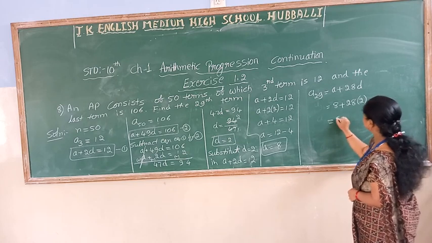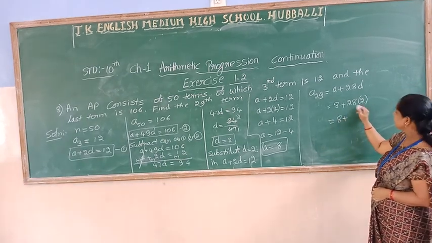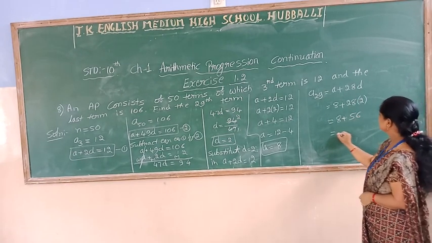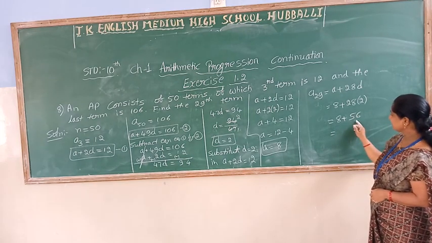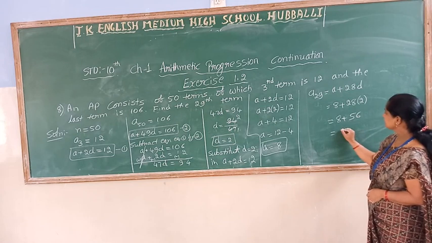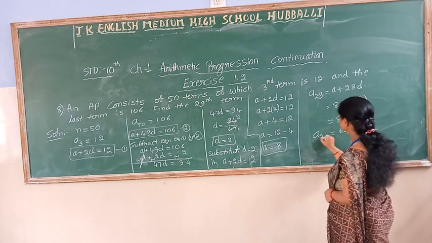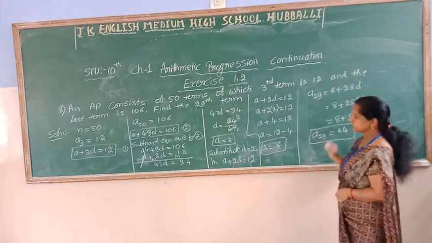Then 8 plus 28 multiplied by 2: 2 8s are 16, 2 2s are 4 plus 1 is 5, so 56. Then 8 plus 56, how much does it become? 64. So the 29th term they asked us to find, the 29th term of this AP, is 64.